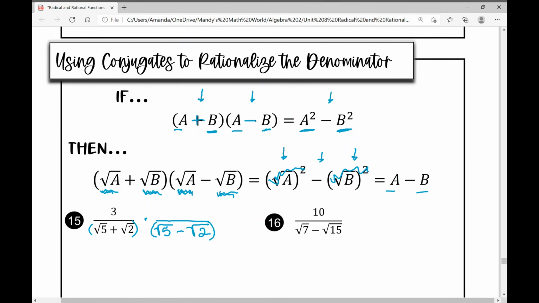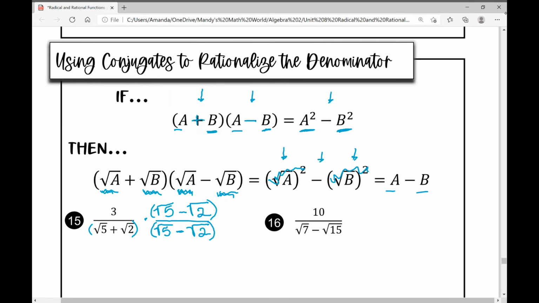And that is known as its conjugate. One's plus, one's minus. It's that simple, right? But again, we're going to make this fraction have the same value. So what we do to the bottom, we have to do to the top. And I get the square root of 5 minus the square root of 2. So we're not changing the value of it.